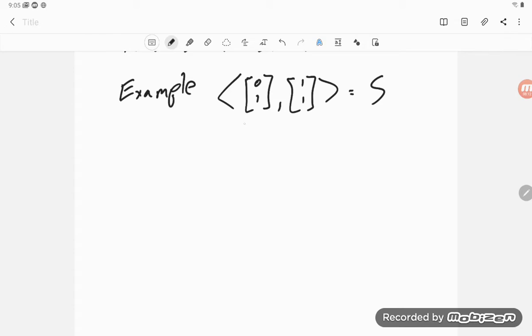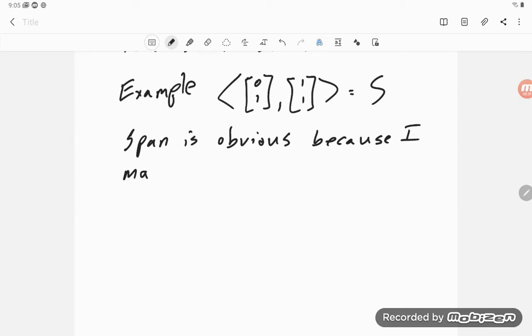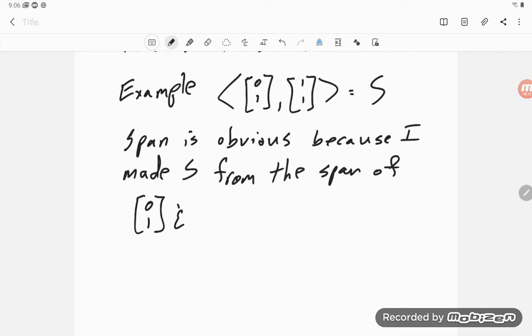Now, it's obvious they span. Okay, so span is obvious in this case because I made S from the span of my two vectors, 0, 1 and 1, 1. Okay, that's what this means up here, is I made them from the span. And so the span part's obvious.